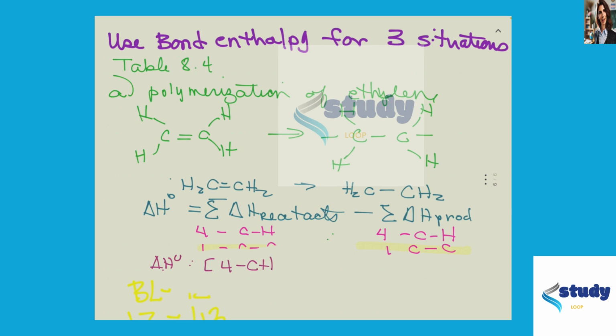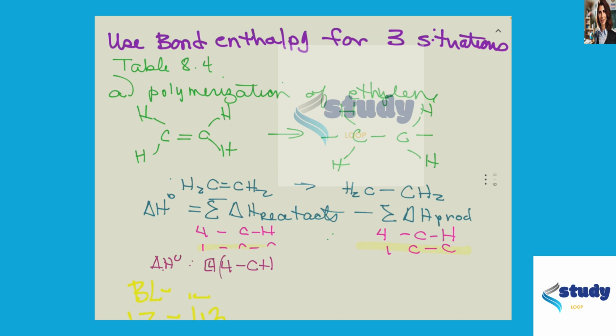Hang on. I'm not starting over because I got too much time in this. CC, let me look again at my bond energies here. I'm going to try one other different thing here.